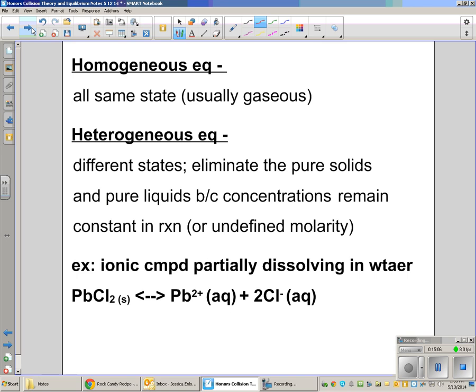All right, so there's a couple different types of equilibrium. Just write down homo means same state. I'm trying to let you read notes and see that you don't have to write down everything. Homo, same state. So when I say same state, I mean they're all gases, they're all aqueous, they're all solids, whatever it is you're writing. Most of the time, it's going to be gaseous equilibrium that we're discussing. Hetero means different states.